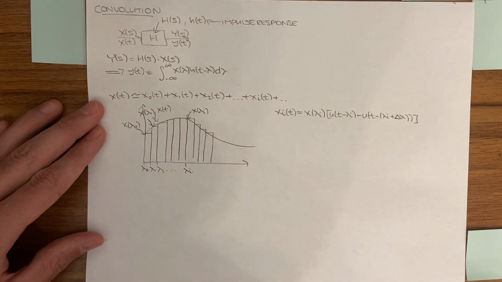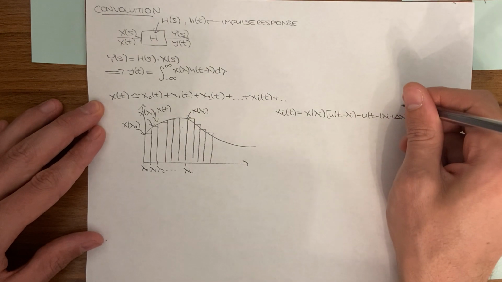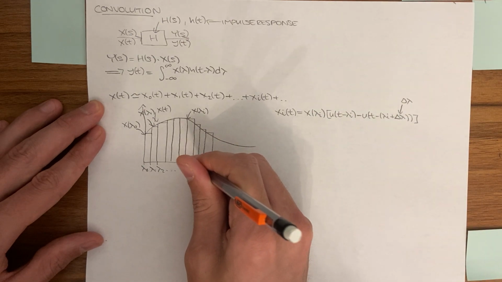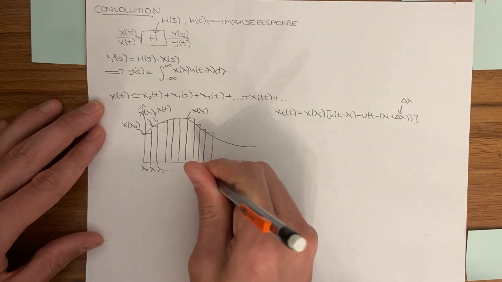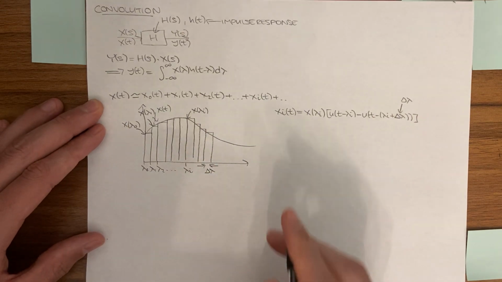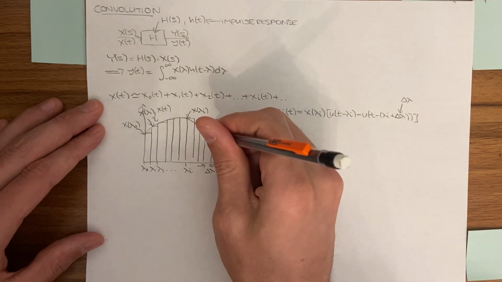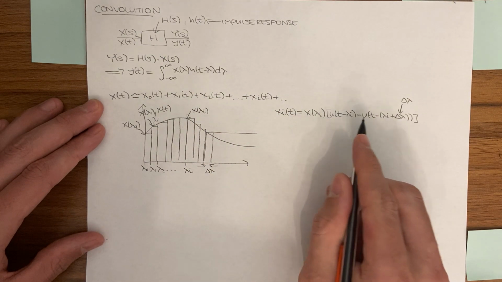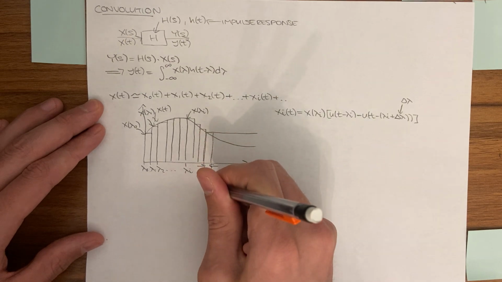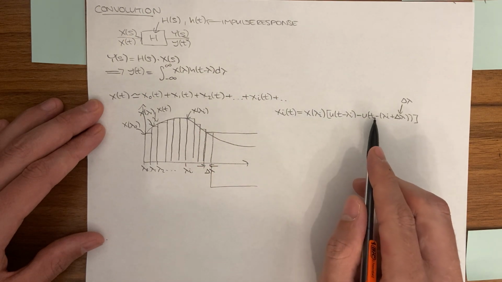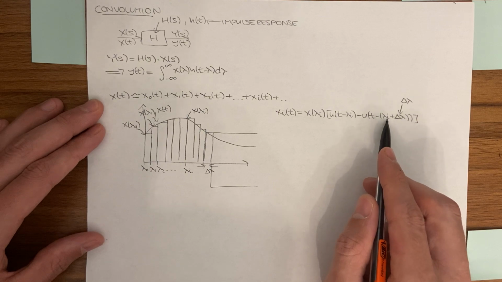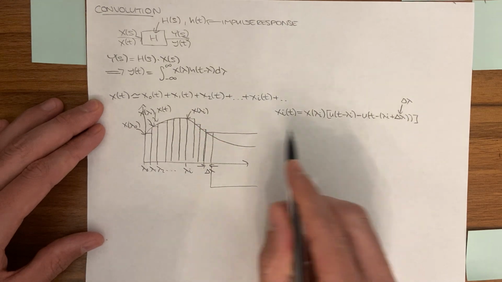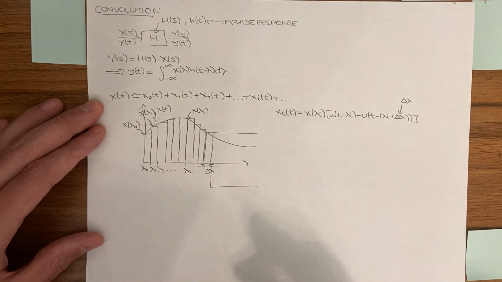The gap between each lambda we'll call delta lambda, so the width of each one is delta lambda. Essentially you'll have a step function here, u(t minus lambda i), and then a negative step function here, u(t minus lambda i plus delta lambda). So we end up with this rectangle, and then we scale it by the left-hand side value.